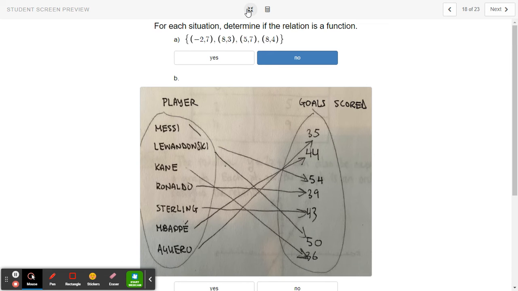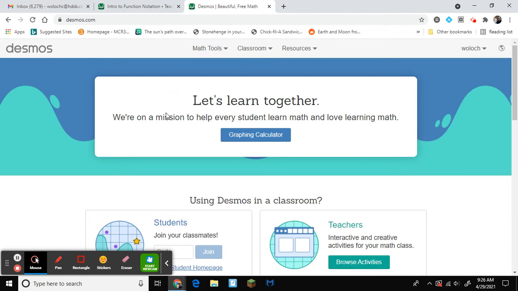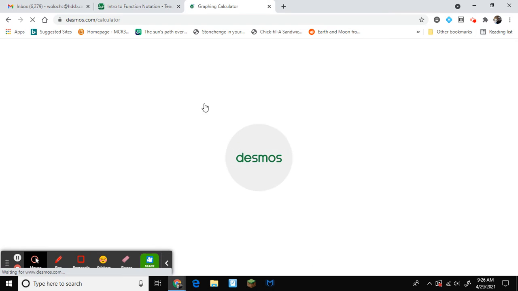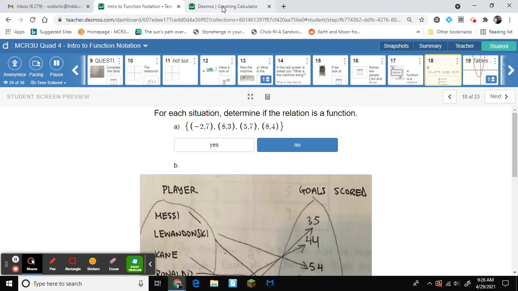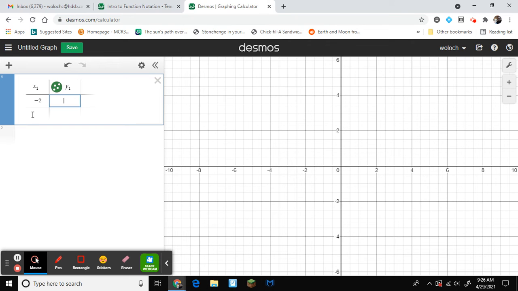Okay. Now again, if you're unsure about that, you can always go to Desmos to help you graph or visualize this stuff. So -2 and 7, that's 1 point. 8 and 3, 5 and 7, I think, and 8 and 4.